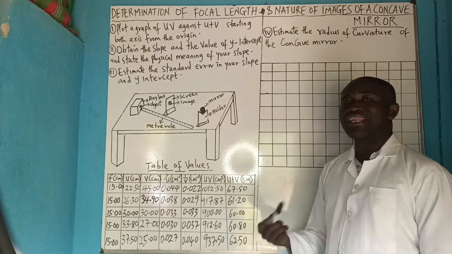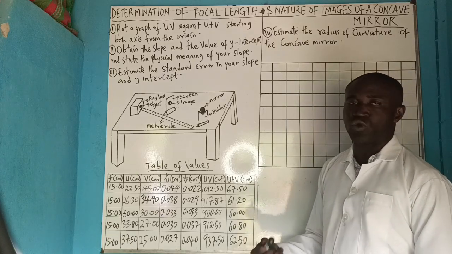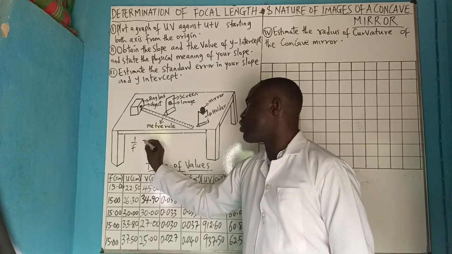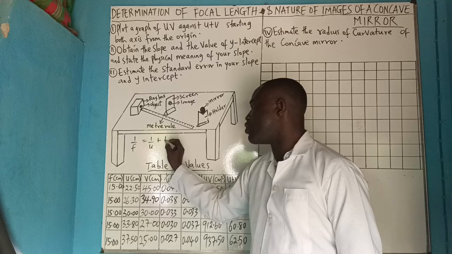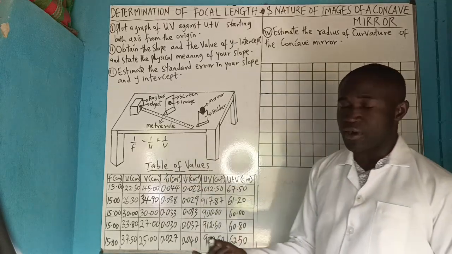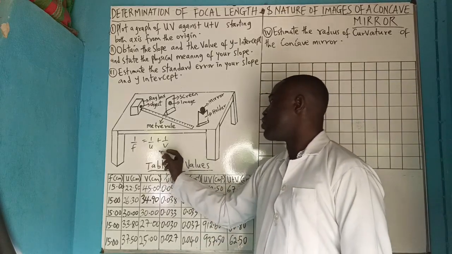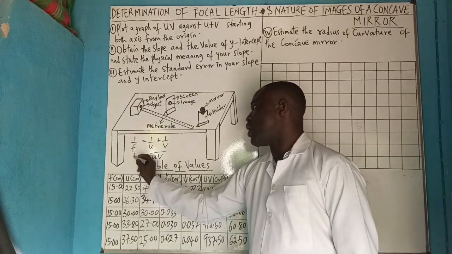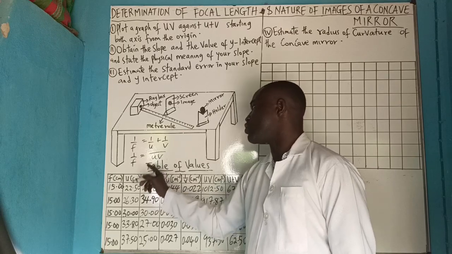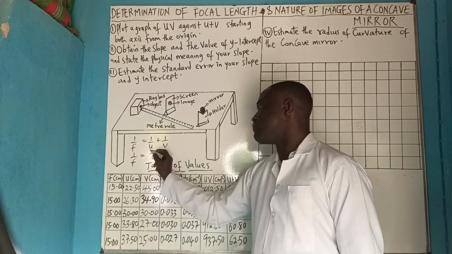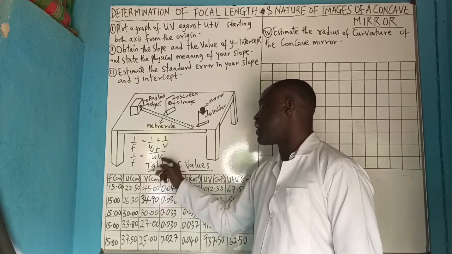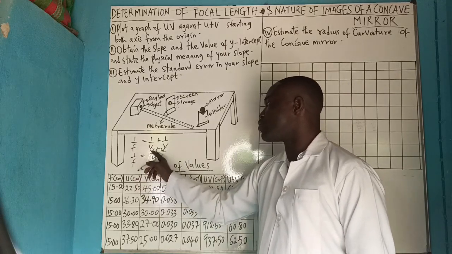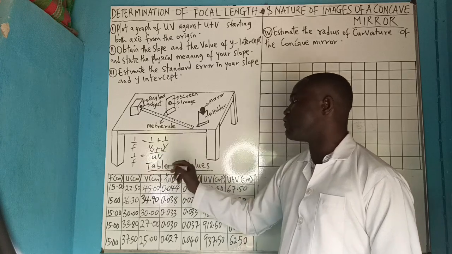Now, for you to understand what you are asked to do properly, remember we use 1 over f equals 1 over u plus 1 over v. This is the mirror formula. If you look for the LCM, it will be uv. So 1 over f equals v plus u all over uv.